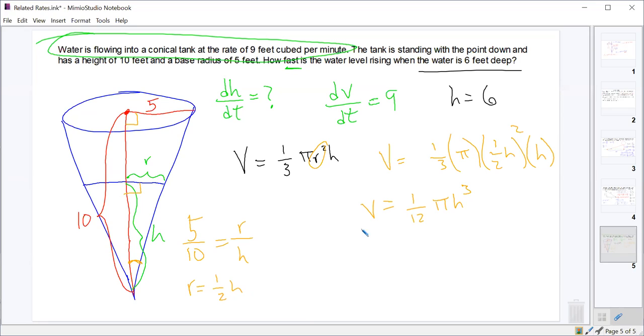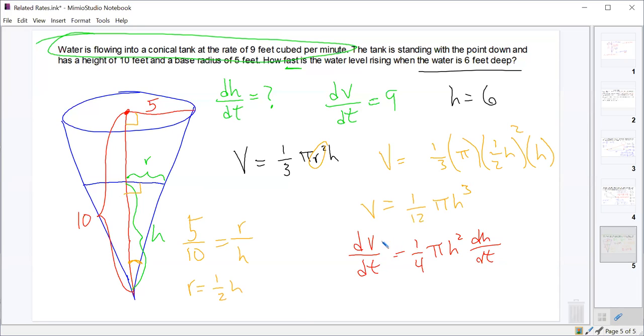Now we can take our derivative with respect to t of both sides, which tells us that dV/dt is equal to 3/12, or 1/4, pi h squared dh/dt. 1/12 pi is just a constant, so it's just the power rule there.